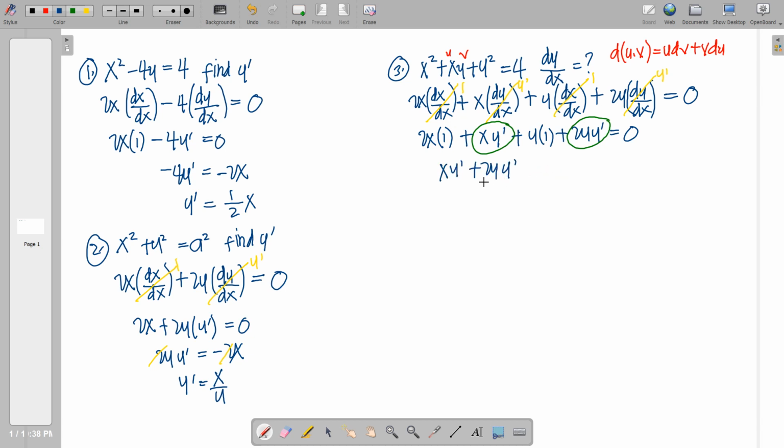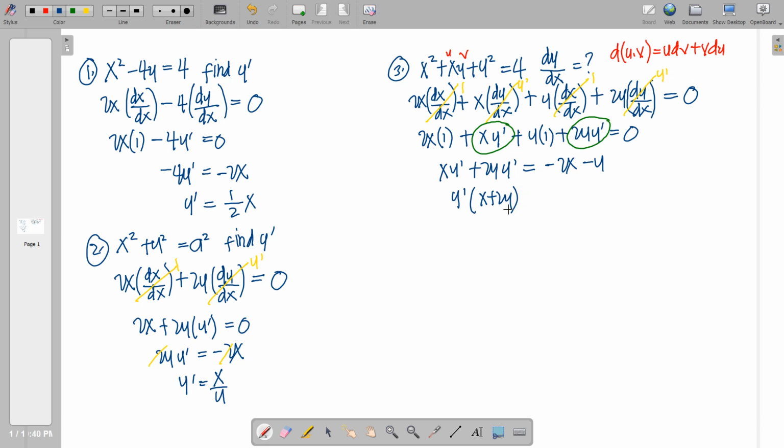So we have this as our left side, retaining x y prime and 2y y prime, and then this 2x is transposed from the left side together with y here. So both will be negative, and then y prime will be factored out.